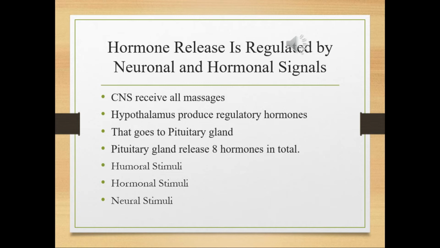Next we will discuss how hormone release is regulated by neuronal and hormonal signals. So the question is how hormones are regulated. As we have already seen in our last slides, the central nervous system is the control center of all activities performed by the body.